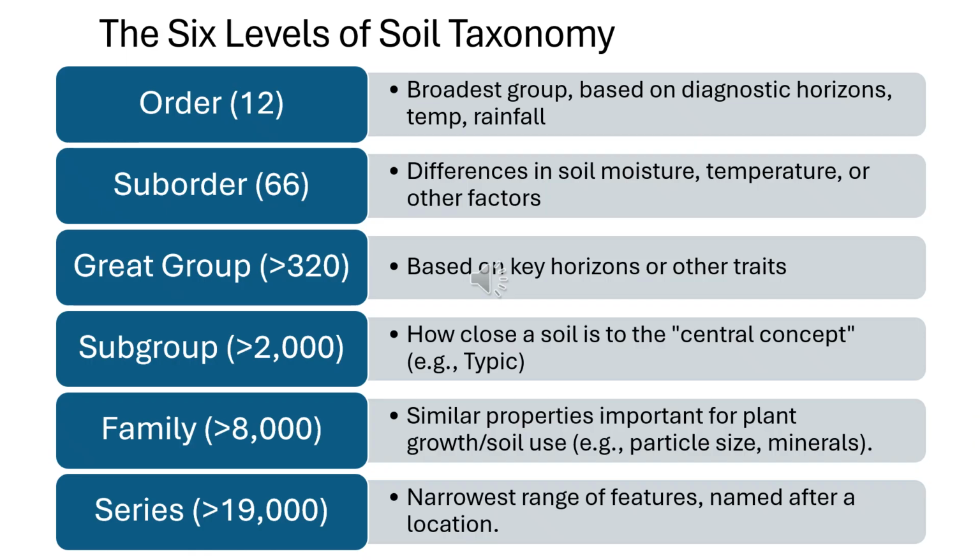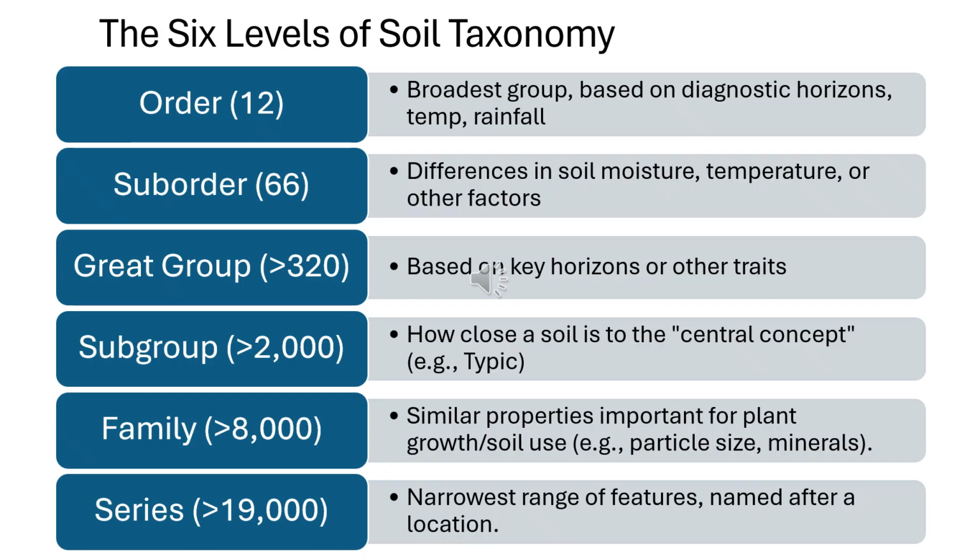Then come the great groups, over 300 of those. These are often distinguished by the presence of specific horizons or other traits. Subgroups, a lot of those, 2,000. This level describes how a soil compares to the central concept of its great group.